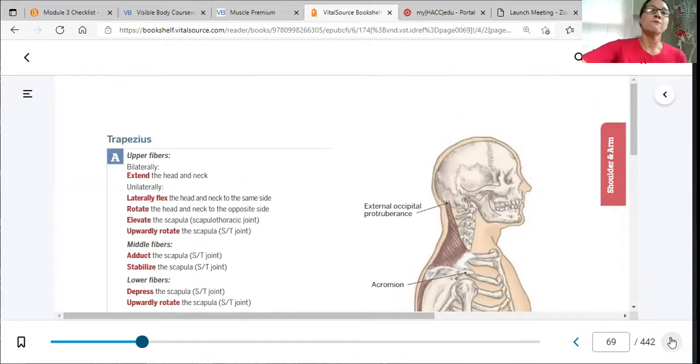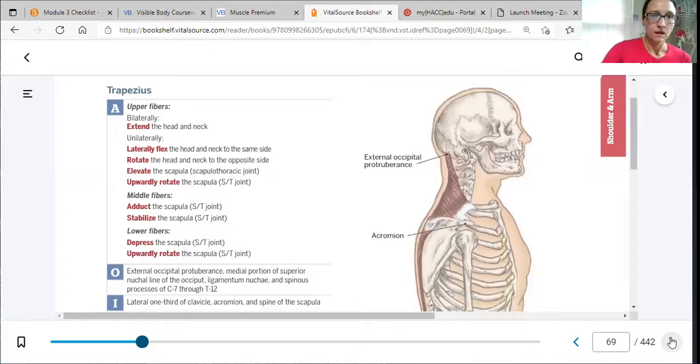Well, first and foremost, we have upper fibers, middle fibers, and lower fibers. We already talked about this. But within the upper fibers, we actually have two very separate types of actions. We have bilateral action and unilateral action.